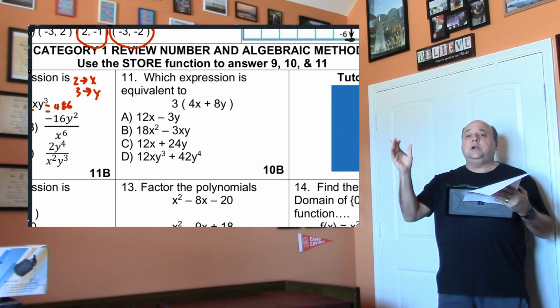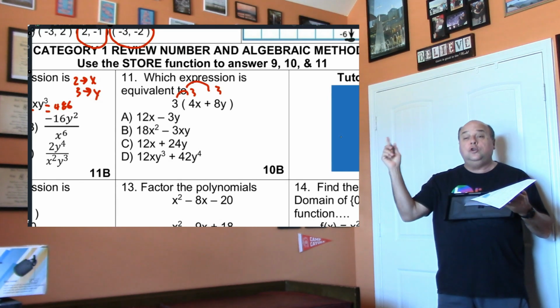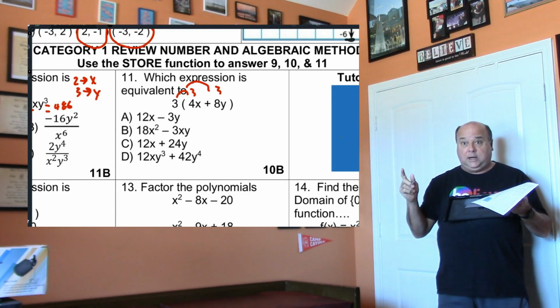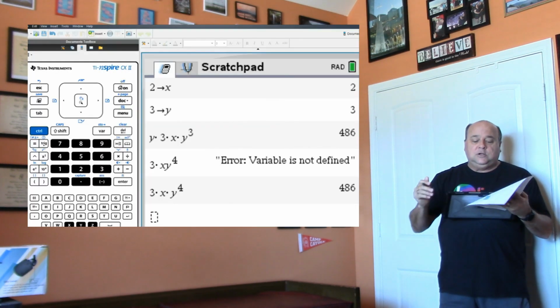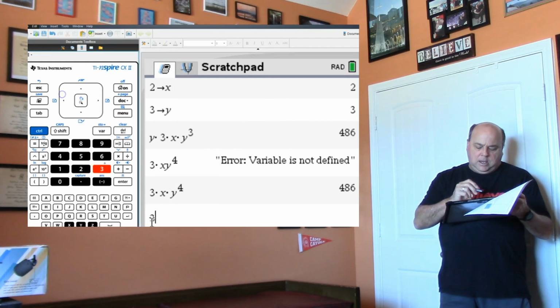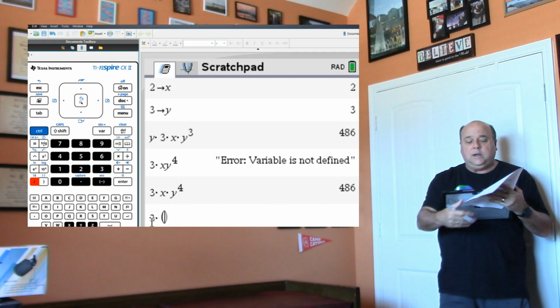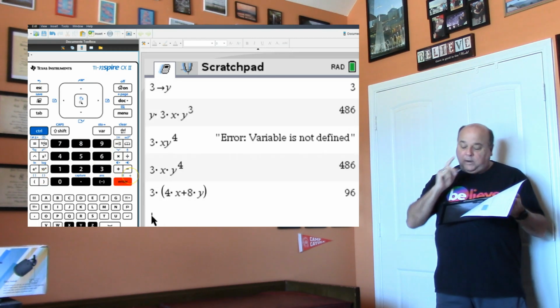Okay, on the next one, we're going to use store, but remember, you're going to take the 3 and distribute it. You should be able to do that in your brain. So let's go back to the calculator, and we're going to type in the problem. So 3 times parentheses, 4x plus 8y, close the parentheses, and we get 96.